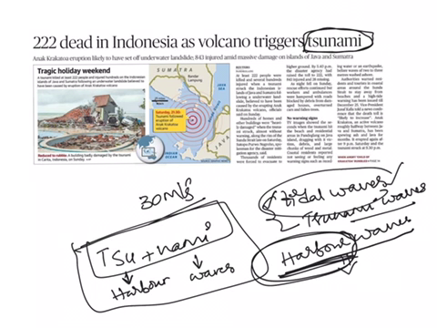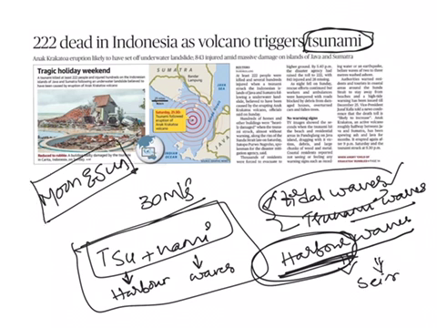Those are waves due to the gravitational pull of the moon and sun, whereas tsunami waves are not due to this gravitational pull. These are because of seismic activities. So these are called destructive seismic waves.